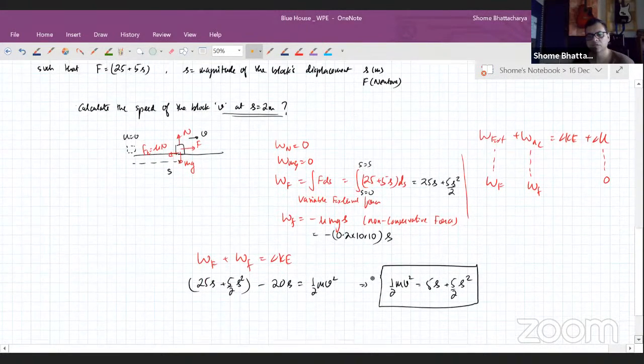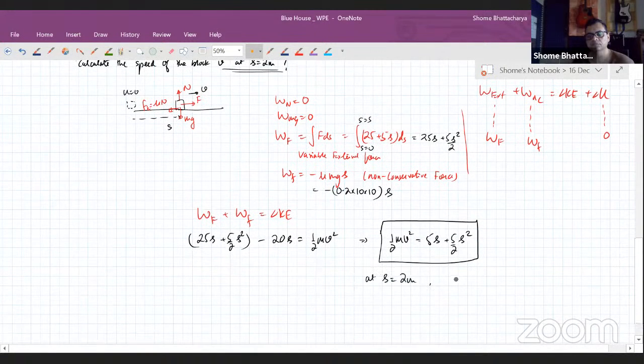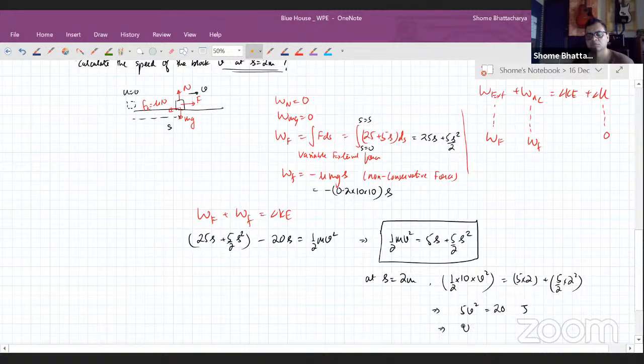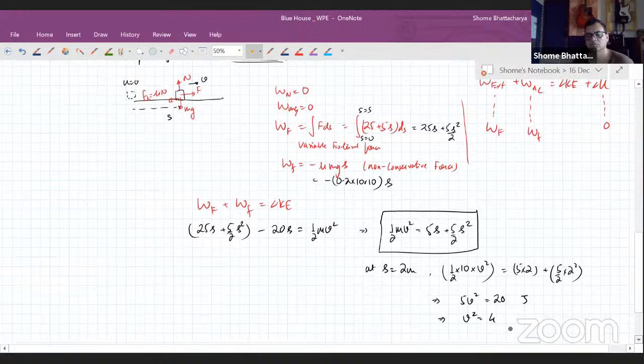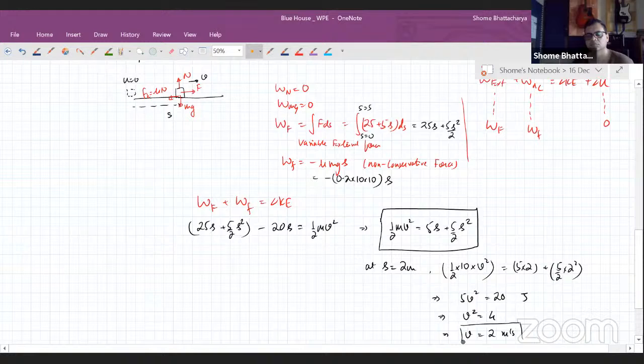So at s equal to 2 meters, very simple answer, 2 meters per second is the speed.